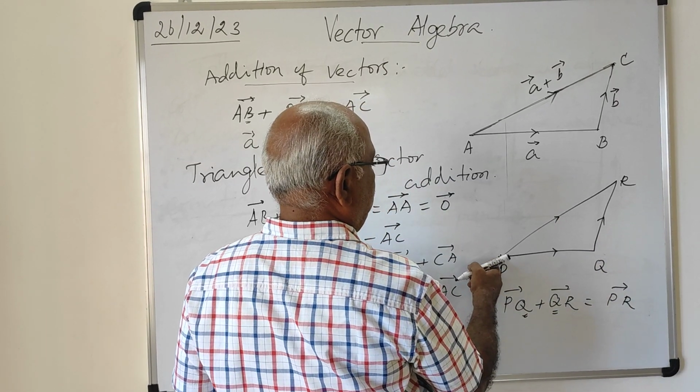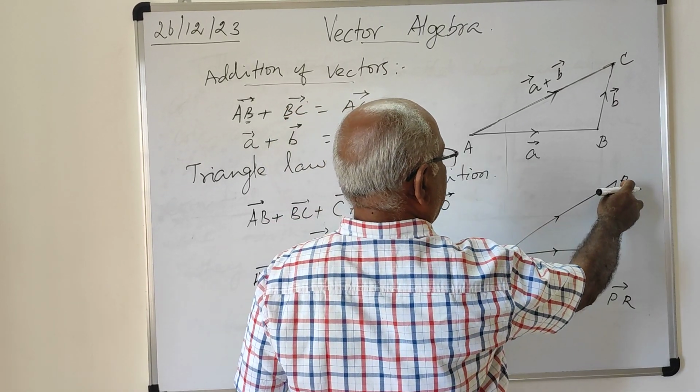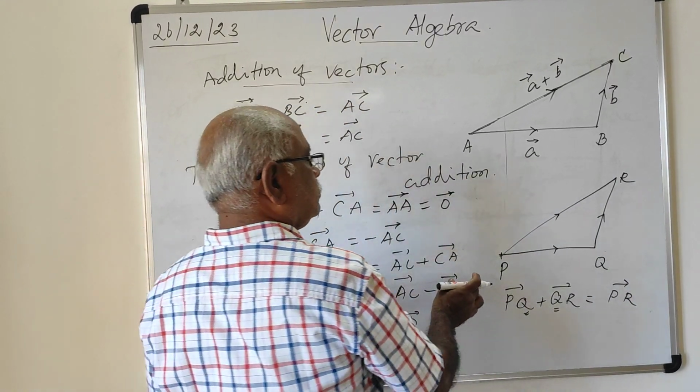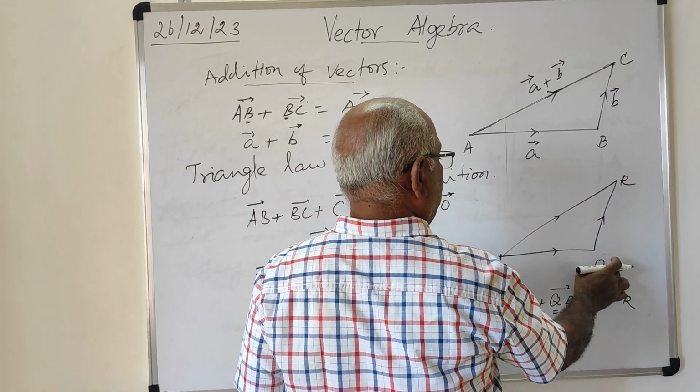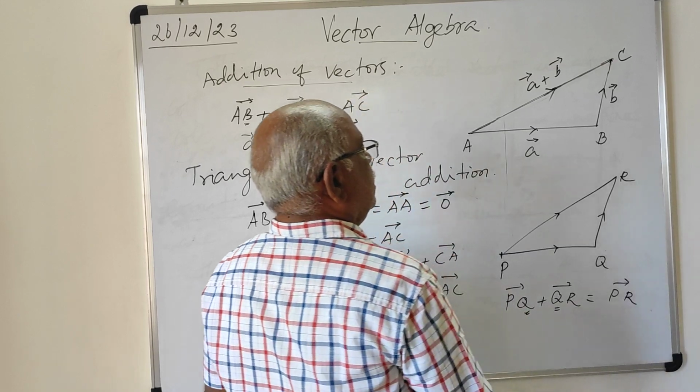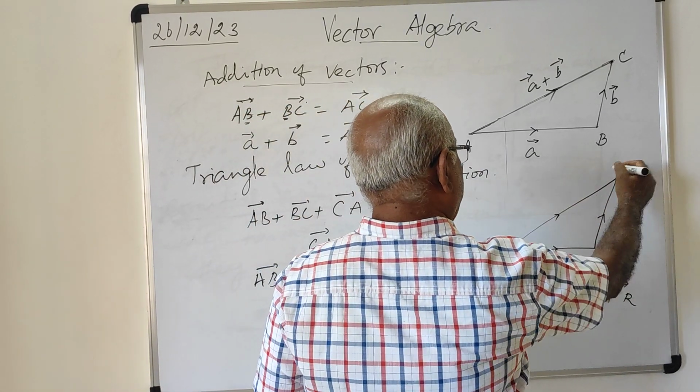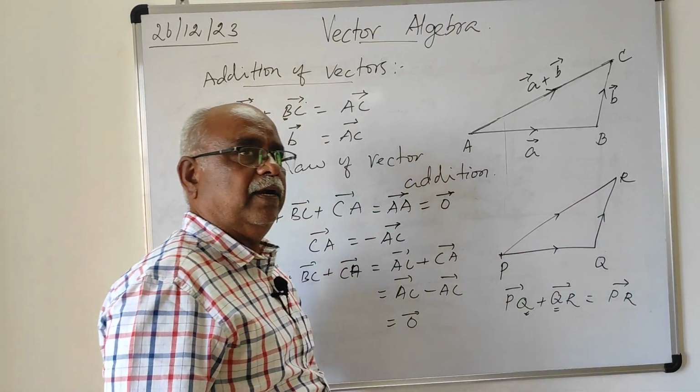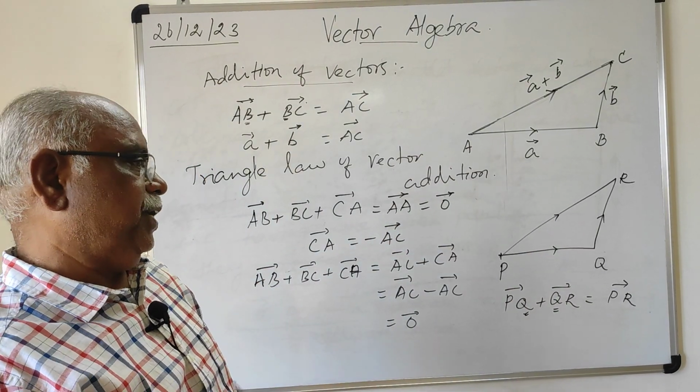Initial point of the first vector and terminal point of the second vector. So the PR vector is the sum of the adjacent sides of the triangle. This is called the triangle law of vector addition.